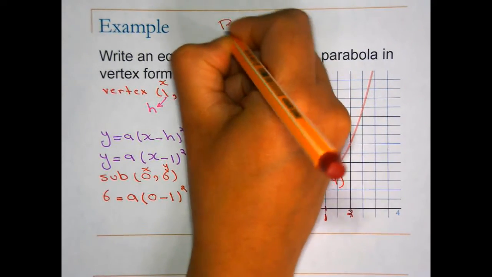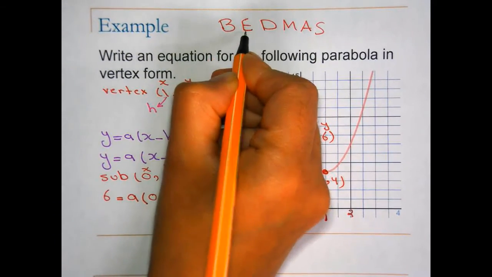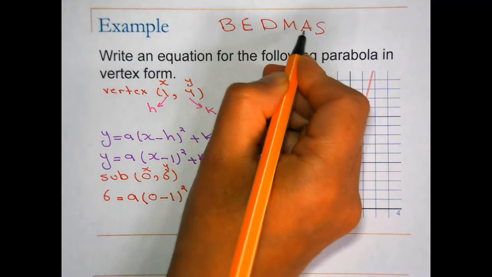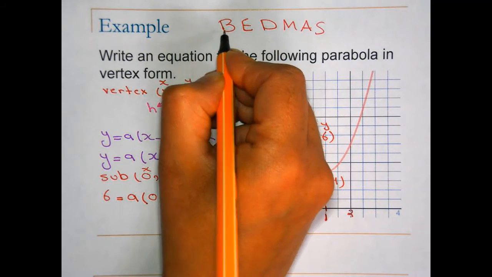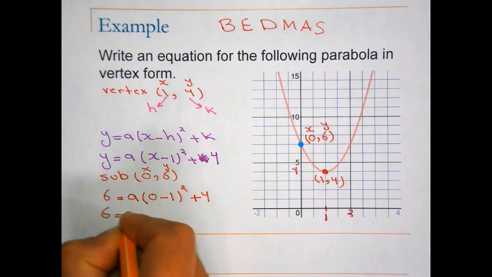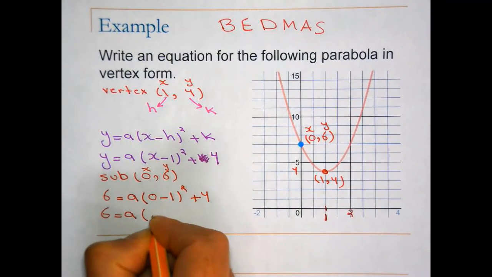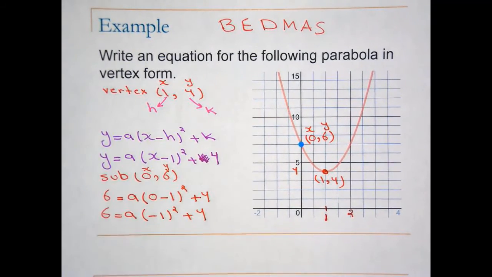Now, order of operations, BEDMAS. If you forget, I'm going to write it here. Order of operations, BEDMAS. So bracket, exponent, division, multiplication, addition, subtraction. So we have to do brackets first. 6 equals a. 0 minus 1 is negative 1 squared plus 4.